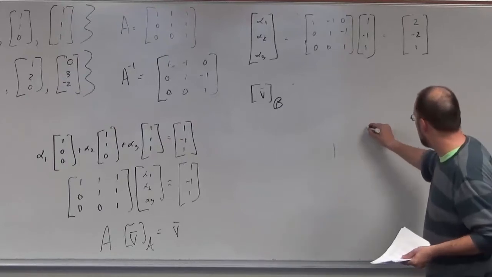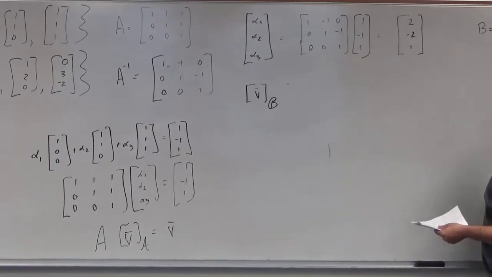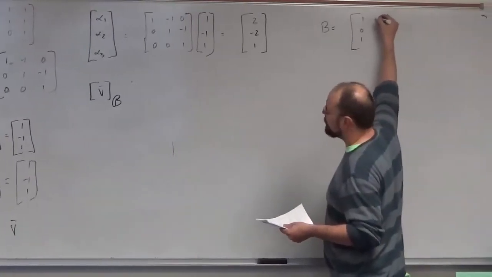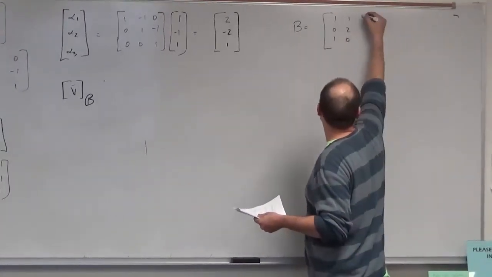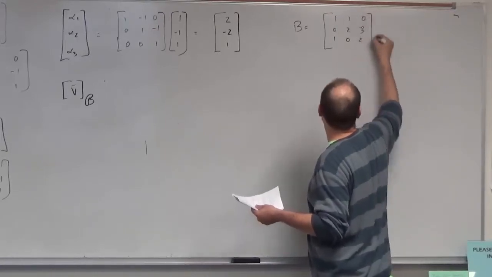Okay, we know that's the transition. Here's matrix B. Let's just get that out of the way. Again, I'm just sticking the basis elements in B into the columns of the matrix.